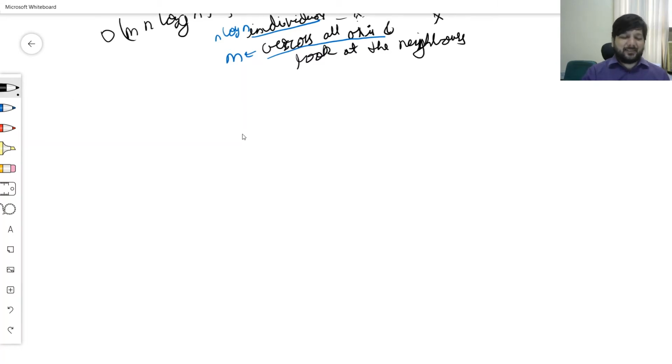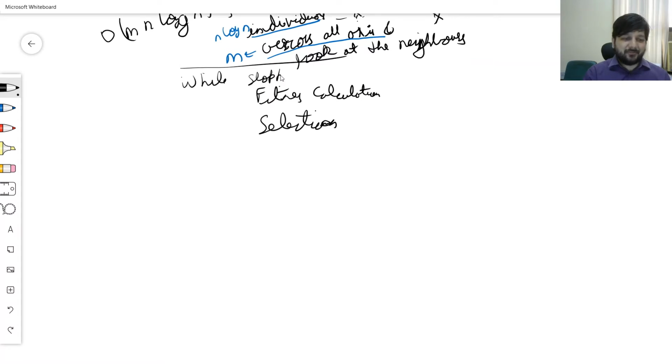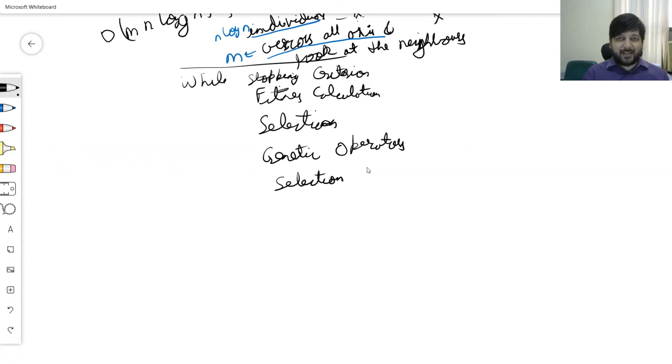It's a normal GA, so it does selection based on fitness calculation for a number of times, while the stopping criterion holds. In each iteration, there's a fitness calculation, there's a selection, there are genetic operators, crossover and mutation, and selection of the new population pool, sometimes based on children and parents combined.